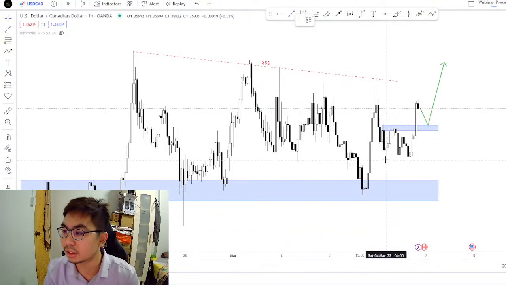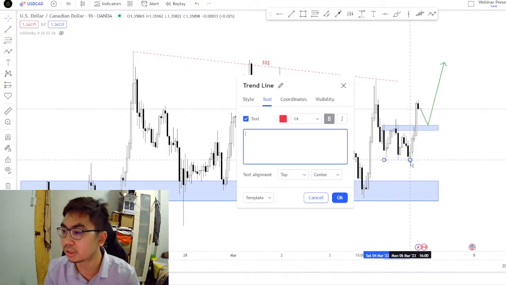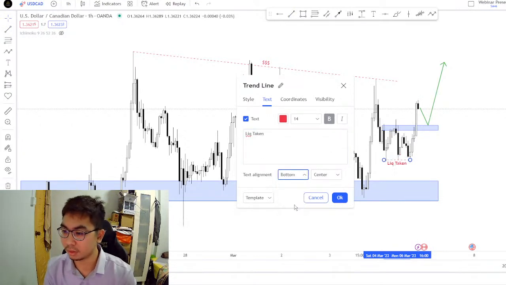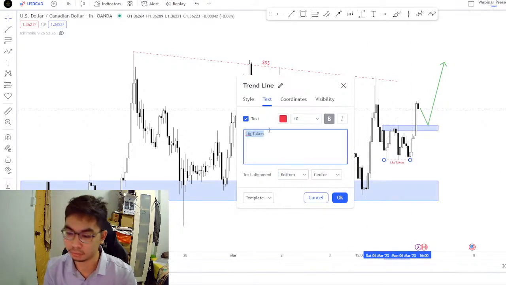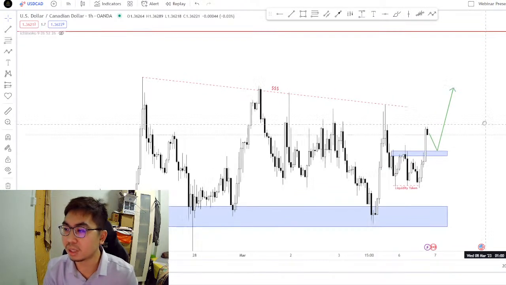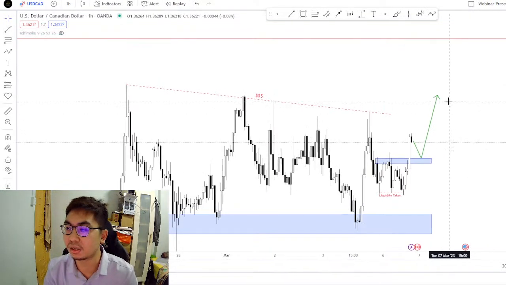Because right there we actually have liquidity cleared, liquidity taken at the bottom. So right now that's a very, very possible scenario I'm looking at for USD CAD in the long run.